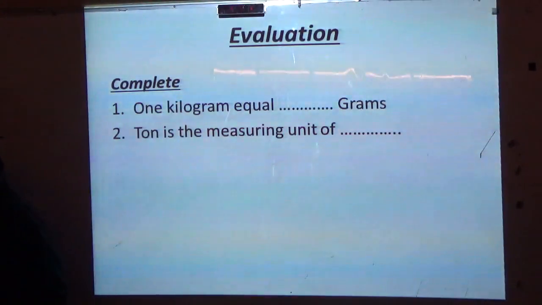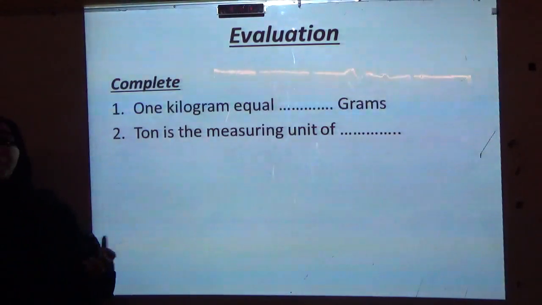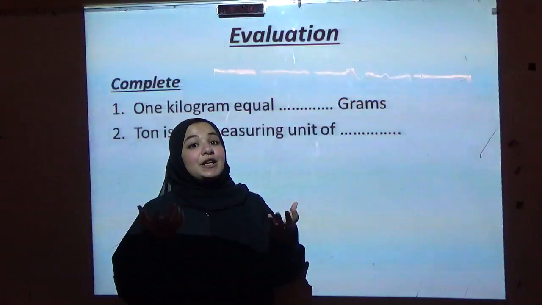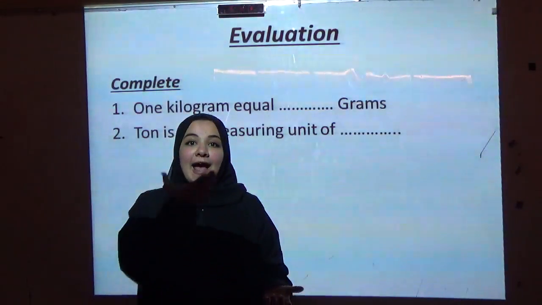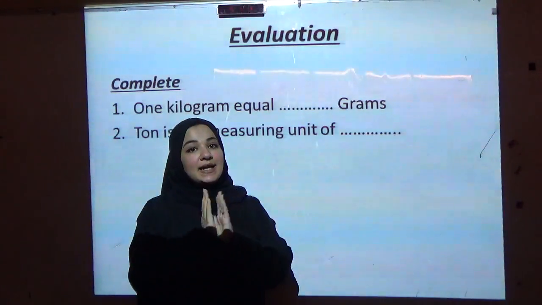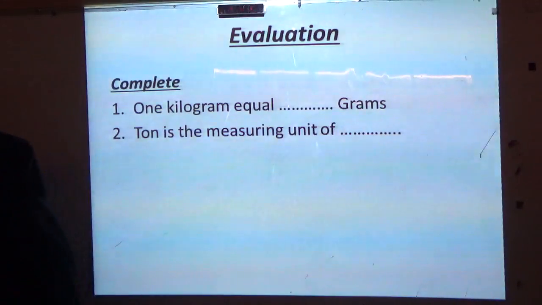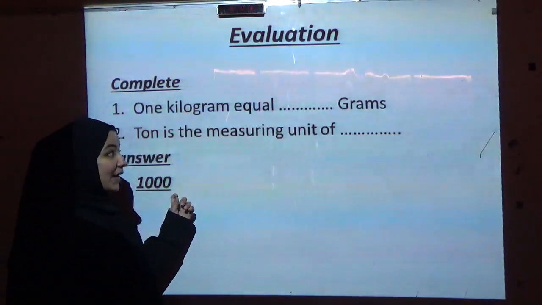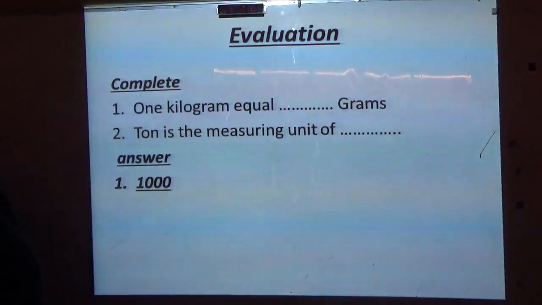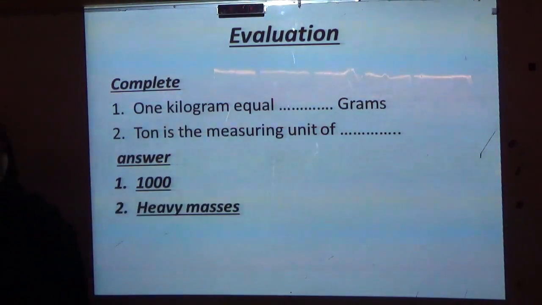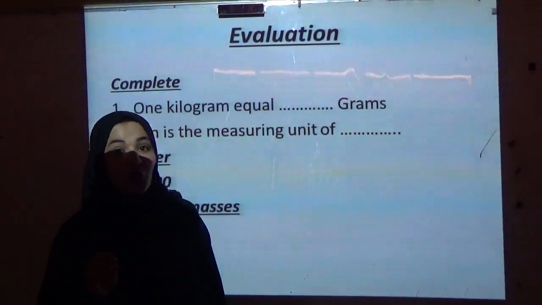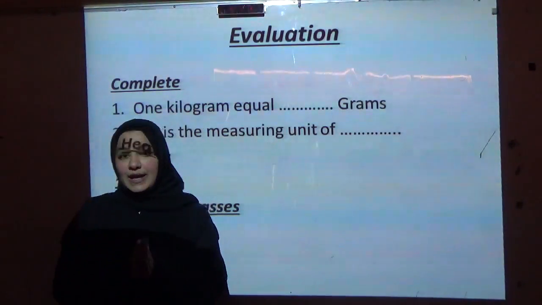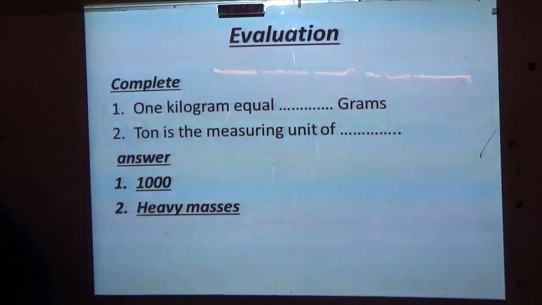Excellent. Ton is the measuring unit of what? We said ton is used for measuring what? Very heavy masses. Excellent. So the answer for the first question, 1 kilogram equals 1,000 grams, and ton is used for measuring very heavy masses, for example, the car, which is very heavy in mass.